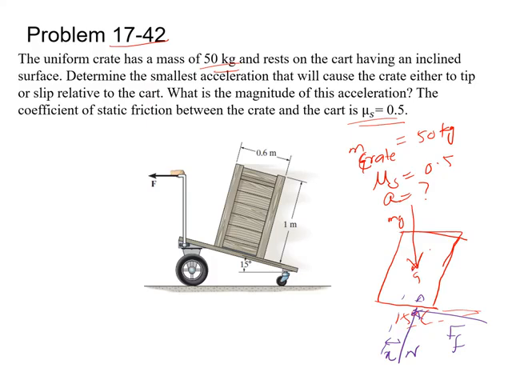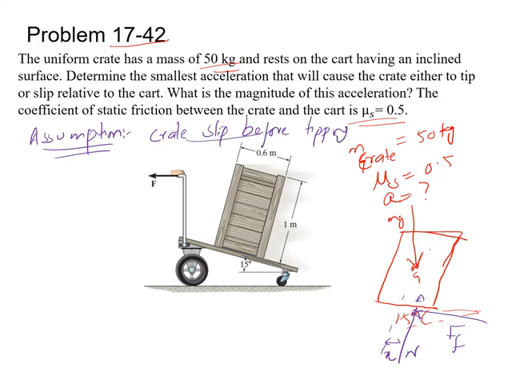First, we assume that the crate slips before tipping. So when we assume this, we assume the condition that the crate slips. In this case, F subscript f will be equal to mu s times N, which is equal to 0.5 times N. This is the friction force.